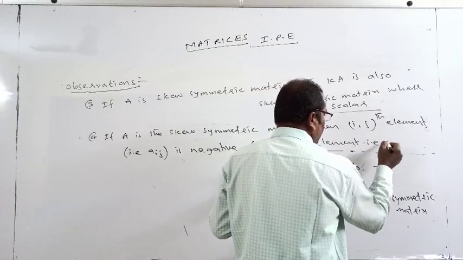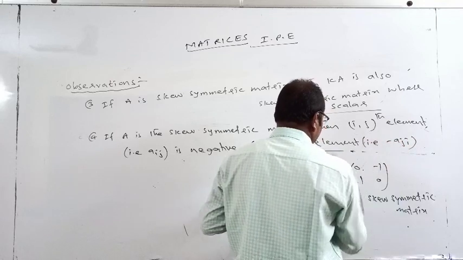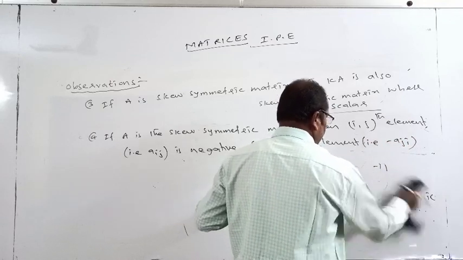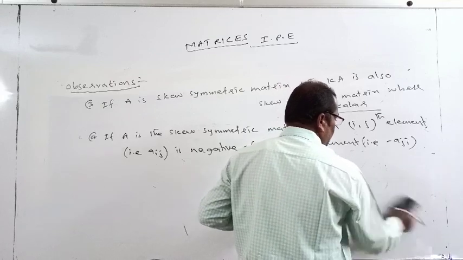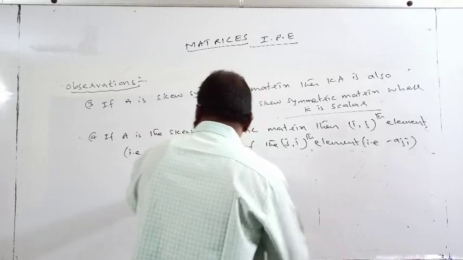What is the meaning of negative? Negative means minus. So don't confuse, just multiply by minus: minus Aji.